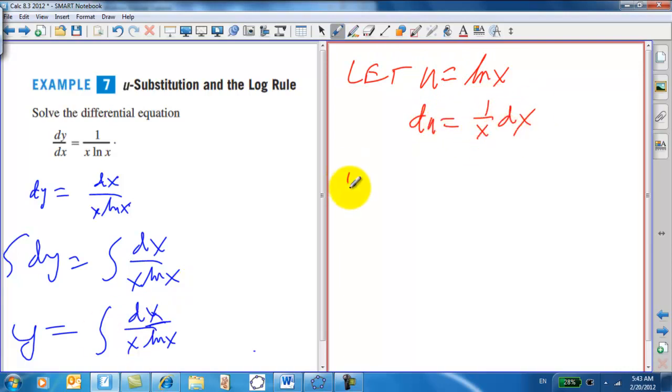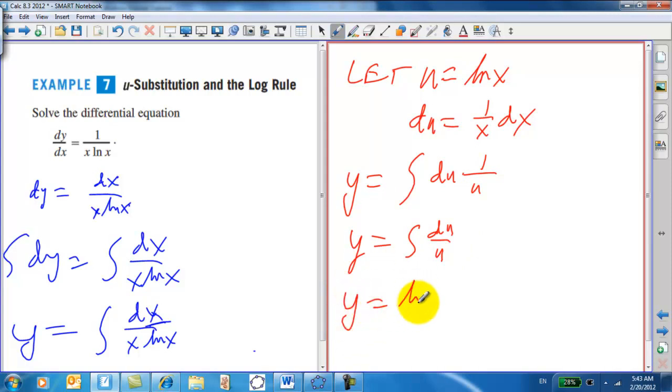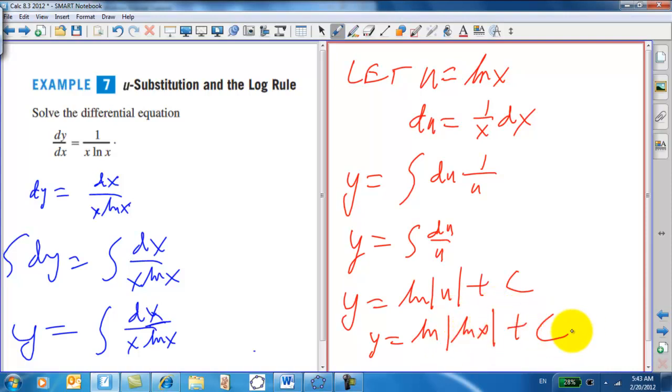And so we can replace our original expression as y equals the integral of dx over x becomes the du times 1 over the natural log of x, which is u. So we get the integral of du over u. We know how to do that. That's the natural log of the absolute value of u plus a constant. And now just put in what u was, which was natural log of x. So it's the natural log of the absolute value of the natural log of x plus c.